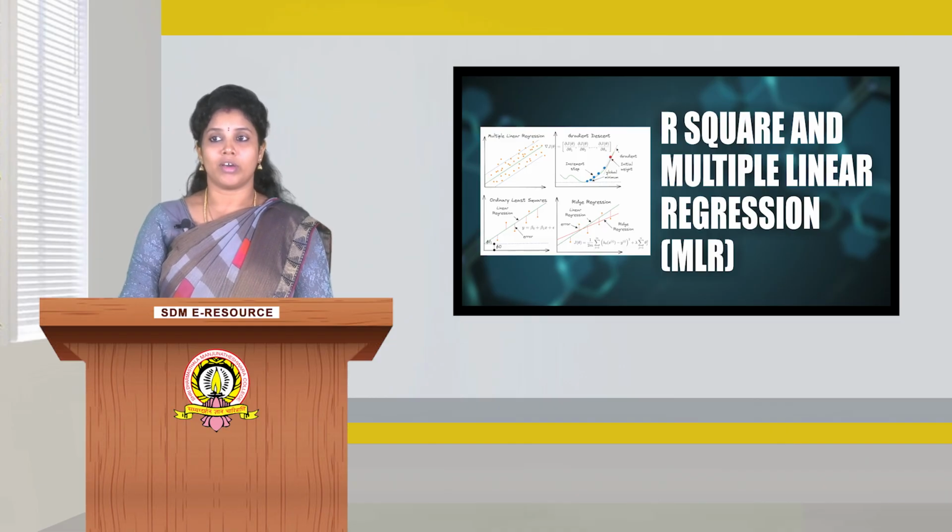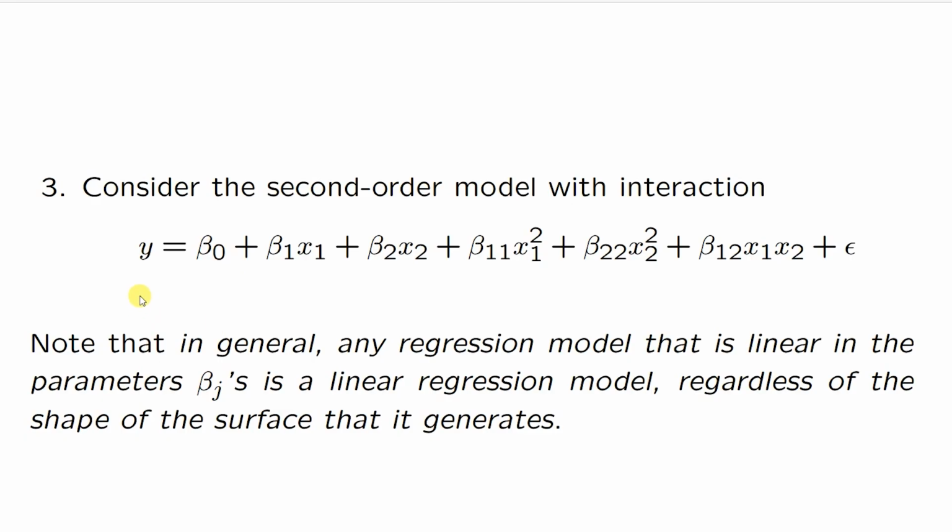Similarly, let us look into one more example, that is the second order model with interaction. That is y is equal to beta naught plus beta 1 x1 plus beta 2 x2 plus beta 11 x1 square plus beta 22 x2 square plus beta 12 x1 x2 plus epsilon.